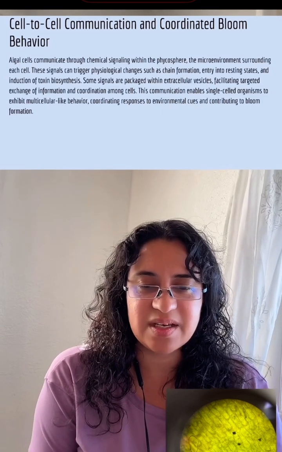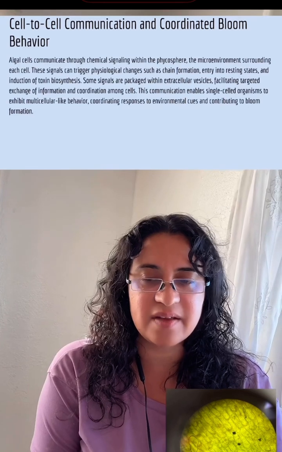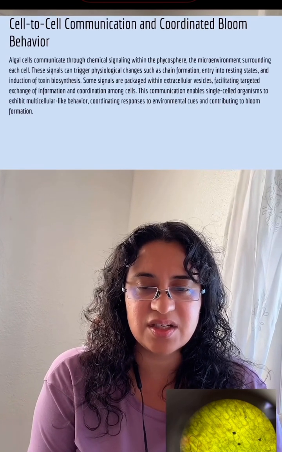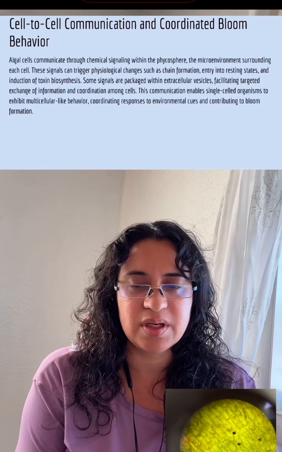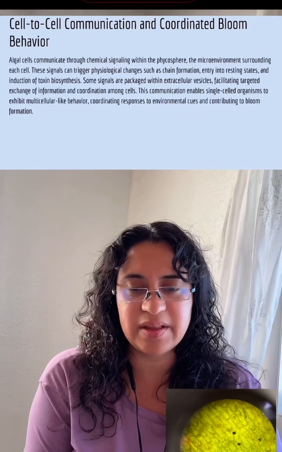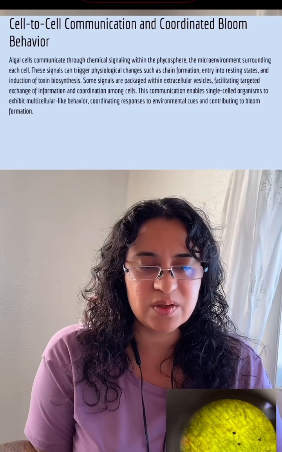Some signals are packaged within extracellular vesicles, facilitating targeted exchange of information and coordination among cells. This communication enables single-celled organisms to exhibit multicellular-like behavior, coordinating responses to environmental cues and contributing to bloom formation.